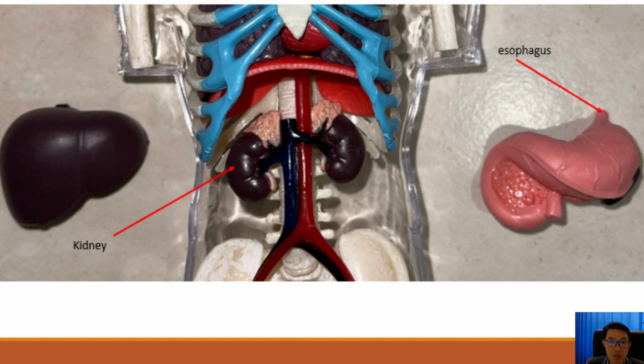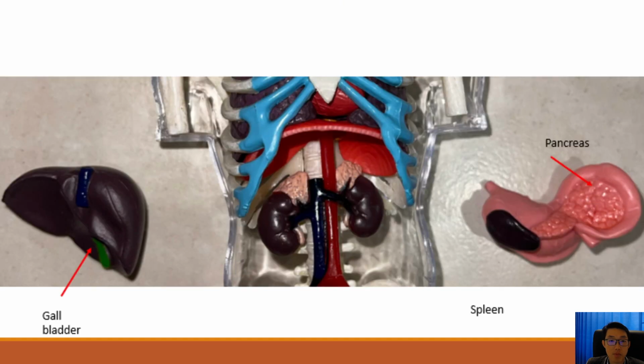The esophagus actually lies above the stomach. And if we turn the liver and the stomach around, we see that the gallbladder is just underneath the liver, and the pancreas and the spleen is just behind the stomach. So we have to think about all these organs when we think about the differential diagnosis of upper abdominal pain.